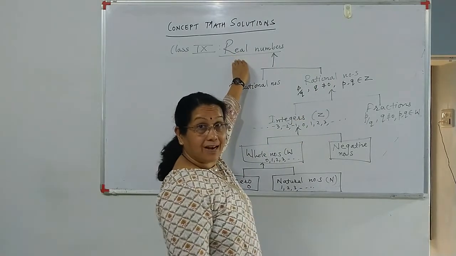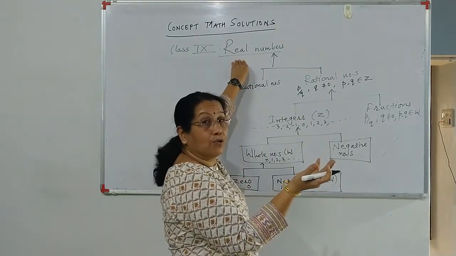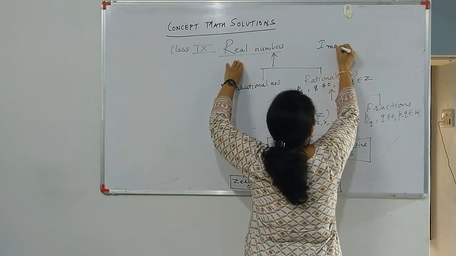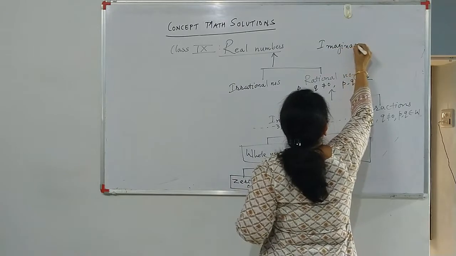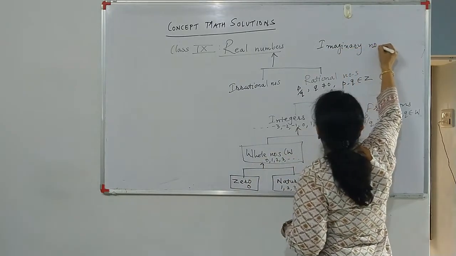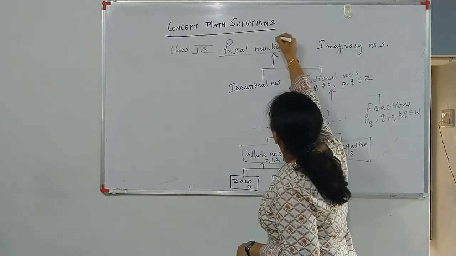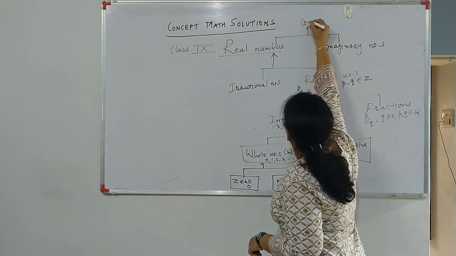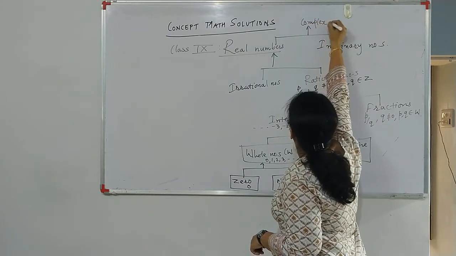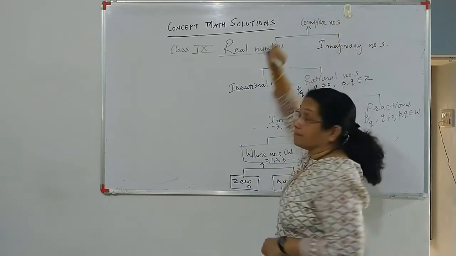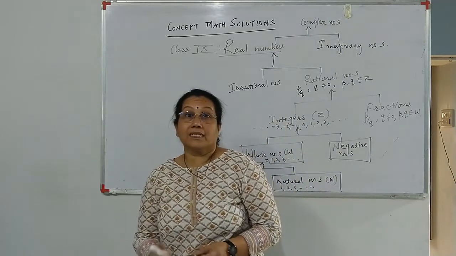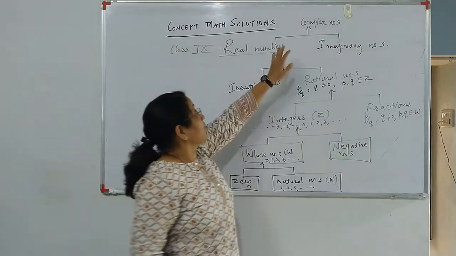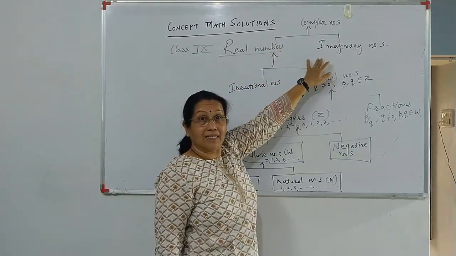When you grow and go to higher classes, you will learn about imaginary numbers. Real numbers and imaginary numbers both will mix and you will get complex numbers, which you will learn in class 11. Complex numbers are the largest number set discovered so far, a mix of real numbers and imaginary numbers.